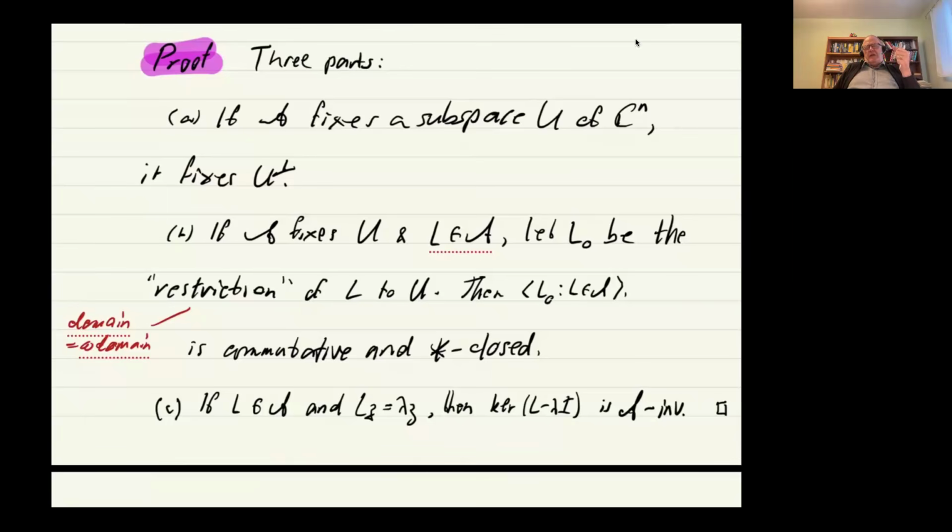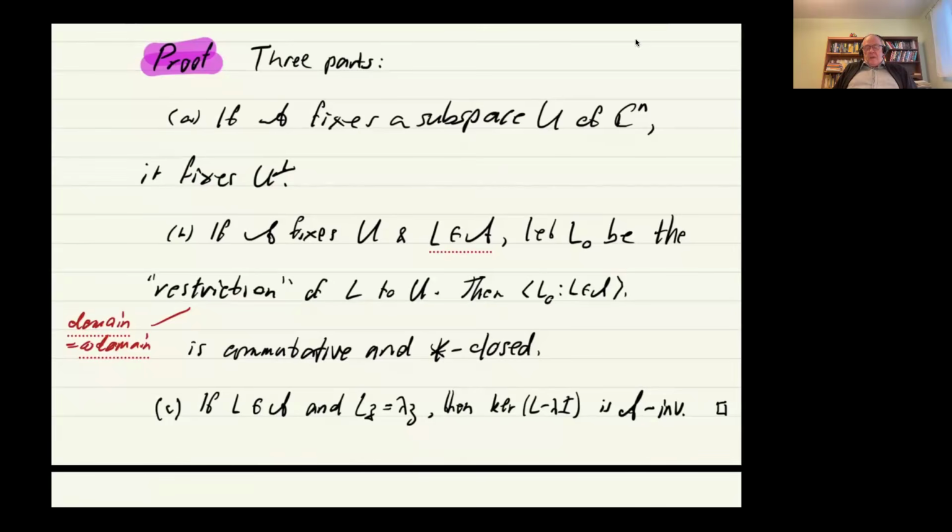Now, to define a function, you have to define the domain, you have to define the codomain, and you have to define the rule. Okay, now the rule in this case is obvious. We know how L acts, but my point is we've got this. So from our n by n matrix, we get a linear operator on a space of dimension n minus 1. Now we could, if we choose to, represent that by a matrix of order n minus 1 by n minus 1, but we don't need to.